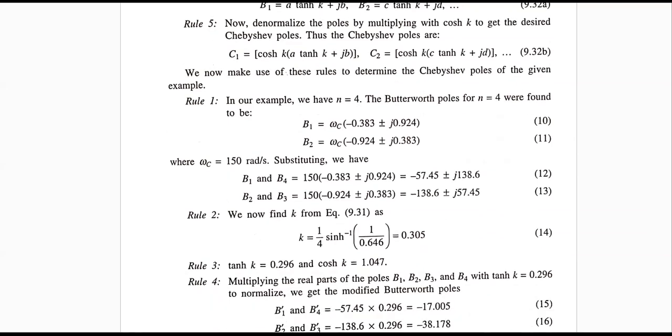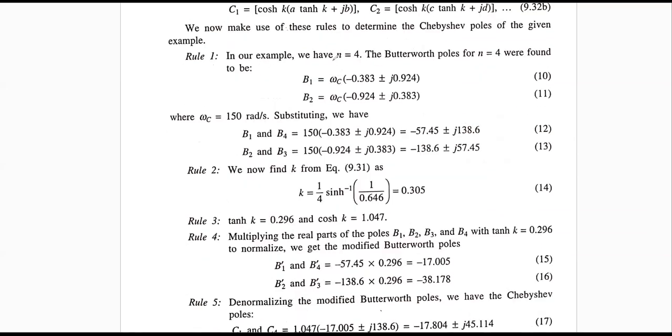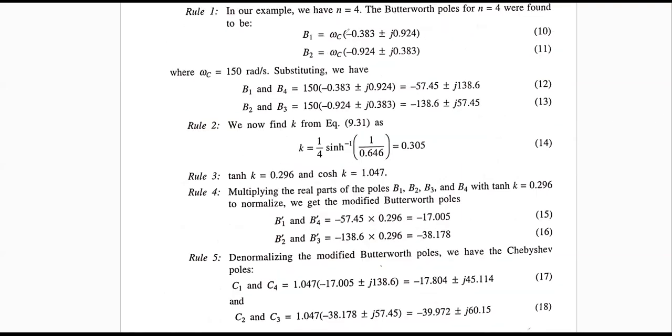In our example, we have N equals 4. So in the upper example, for the Butterworth pole, we found N equals 4. So it is very convenient that you found the pole locations. And since omega c is equal to 150, you'll find the value of B1 and B4, B2 and B3.